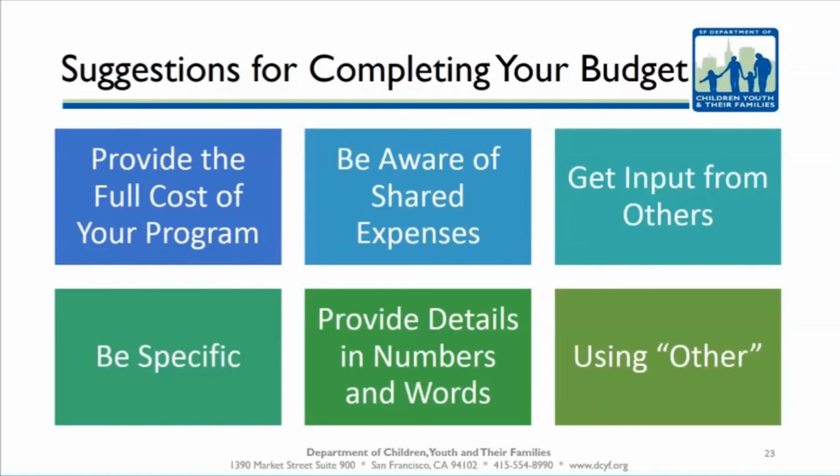Of course, you're going to give us the dollar amount in numbers, but then each line item does have a section to type in budget notes. Please utilize that functionality. It's very helpful for us as we are looking at your budget and trying to assess it. If you can provide a few notes along the way to help us understand where the numbers came from, what is the relation to the program, and anything else you think might help DCYF assess your budget.